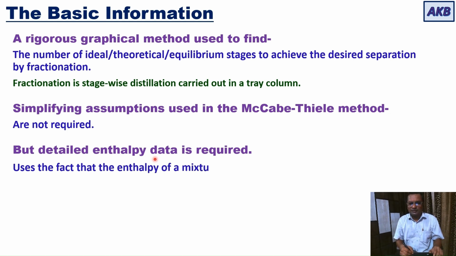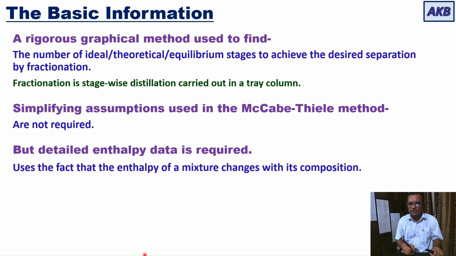And while using this data, one fact: the enthalpy of a mixture of more than two components changes with its composition. So as you move from one tray to the other in the tray column, the enthalpy of the mixture is going to change. Why?